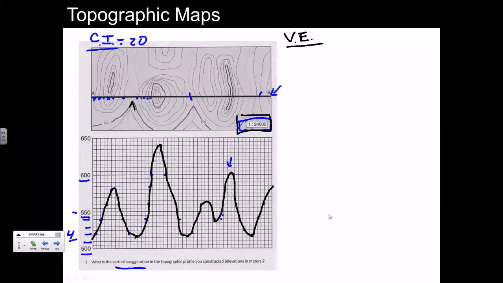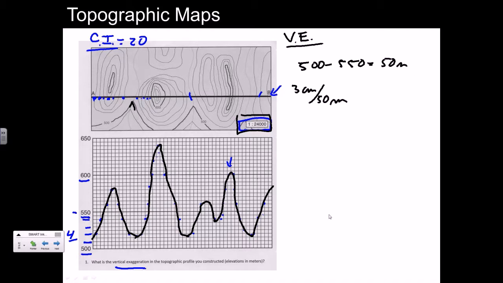So I'm just going to measure from 500 to 550 meters, and I'm going to use a ruler. I place my ruler there, and I get 3 centimeters. Okay, so 500 to 550 is equal to 50 meters. I know that it's 3 centimeters per 50 meters.